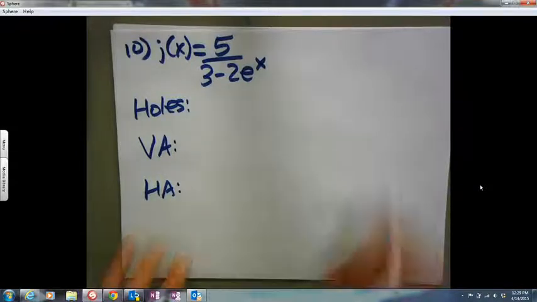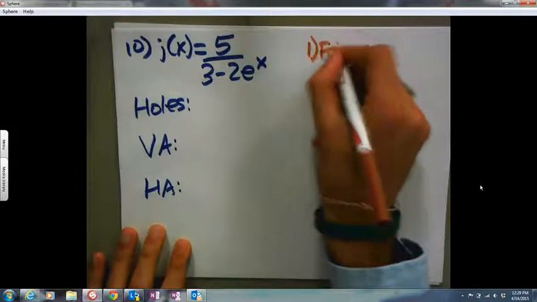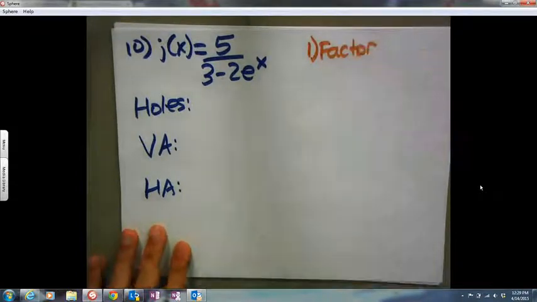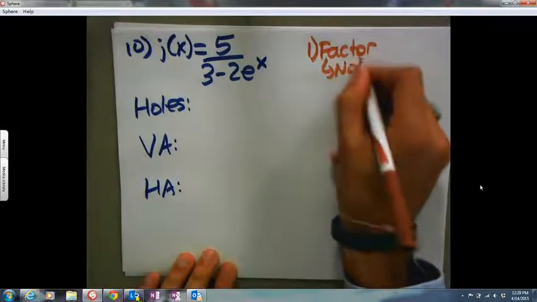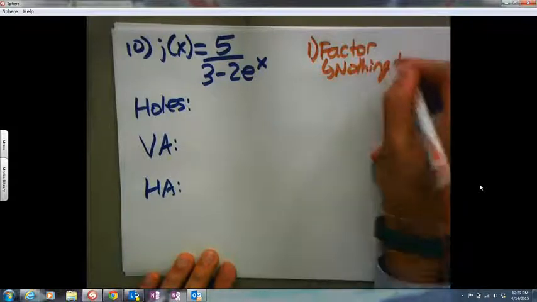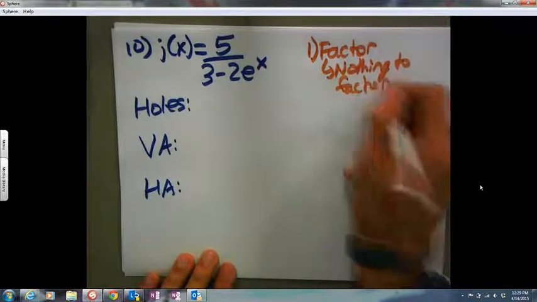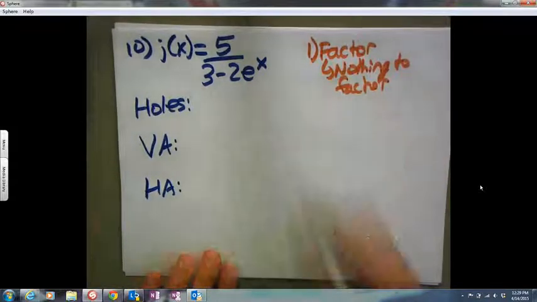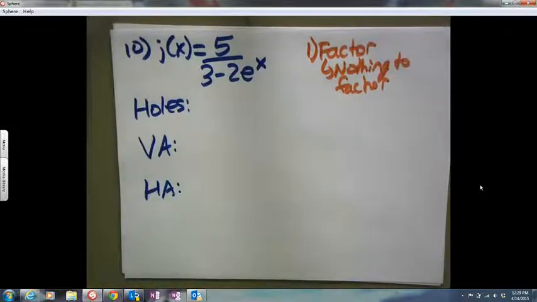So I always take a step 1. Not much here. Now I'm going to attack the holes. Always go with the holes first. Remember, holes talked about cancellations. Don't see much.